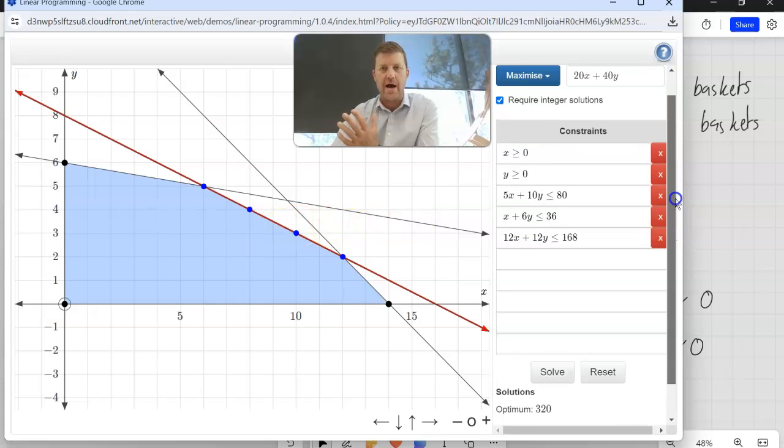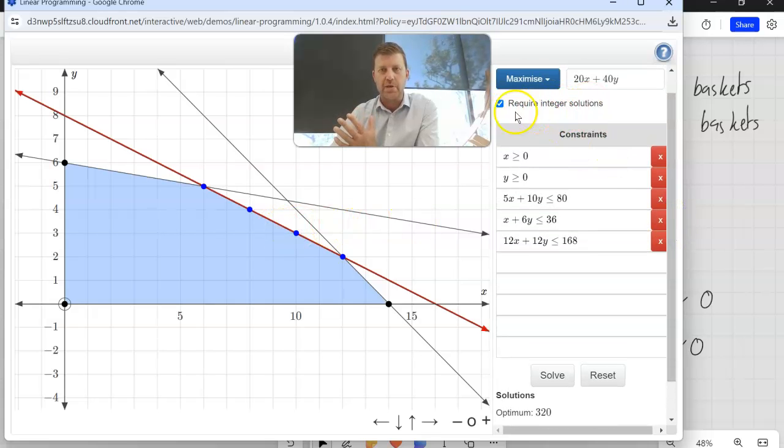And keeping in mind that here, we are after integer solutions or integer pairs for our answer, because you can only make a whole small or a whole large basket. So here there are 4 coordinates of integer pairs that are the optimal solution, because they appear at those 2 vertices or in between those 2 vertices, okay?